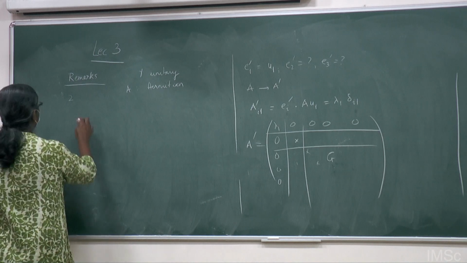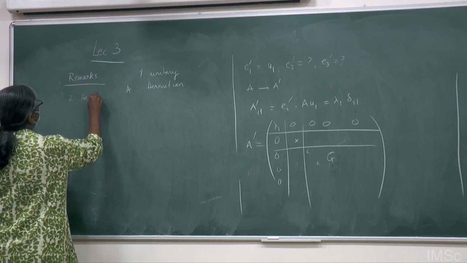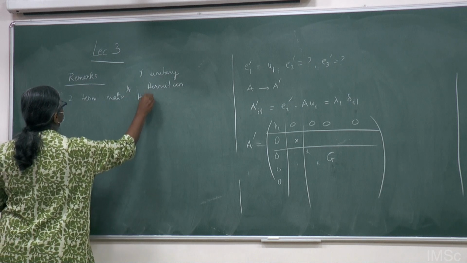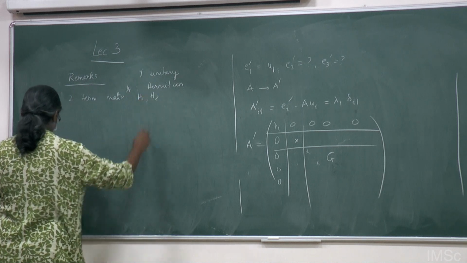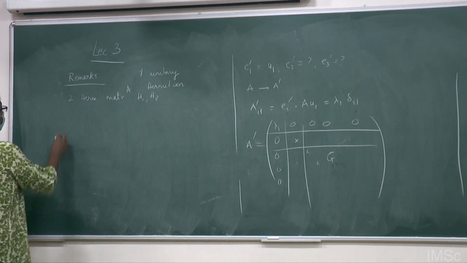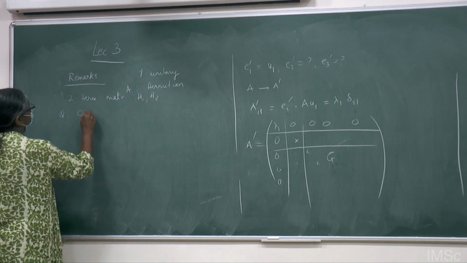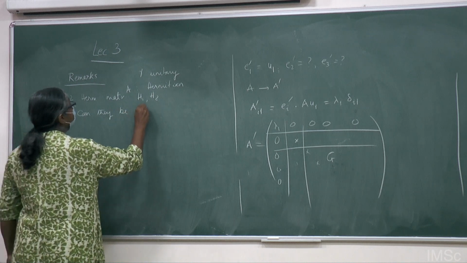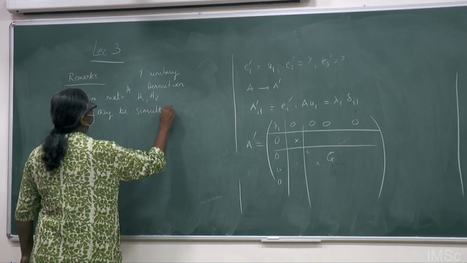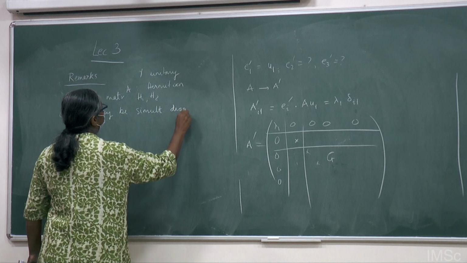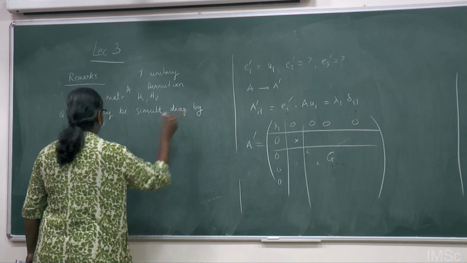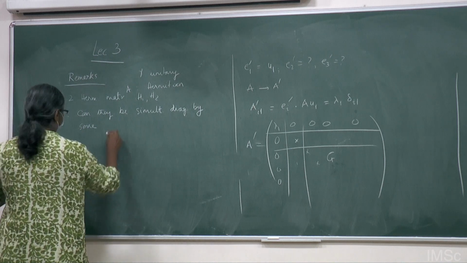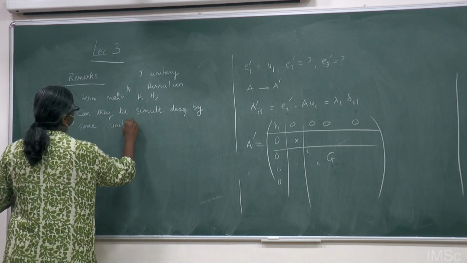Suppose I have two Hermitian matrices, H1 and H2. The question: can they be simultaneously diagonalized by some, of course it has to be a unitary transformation.